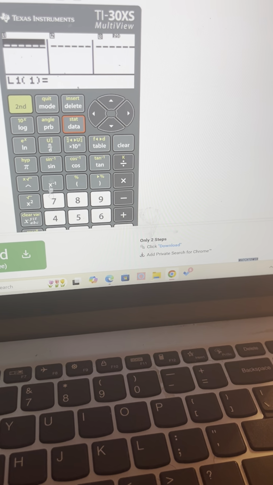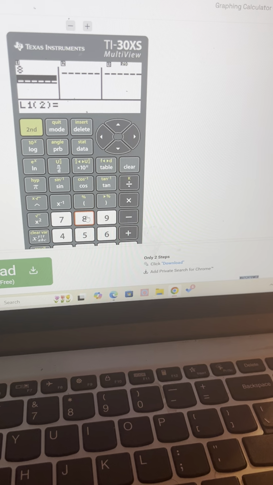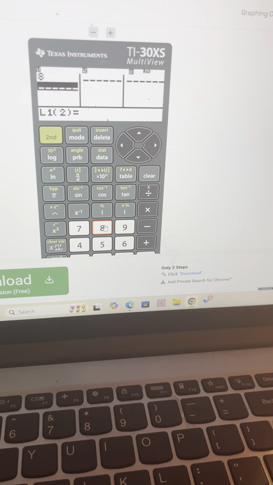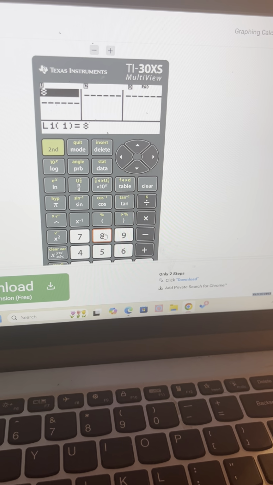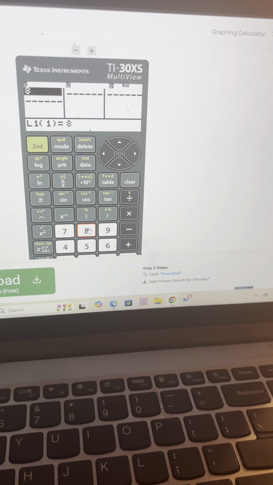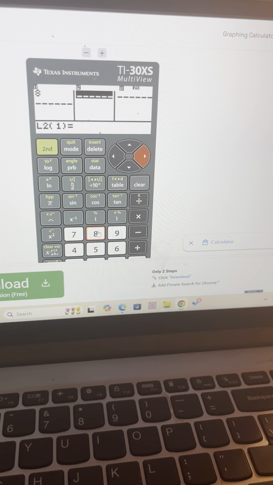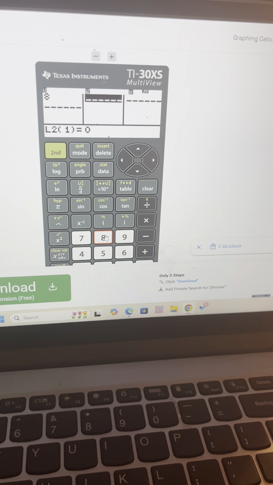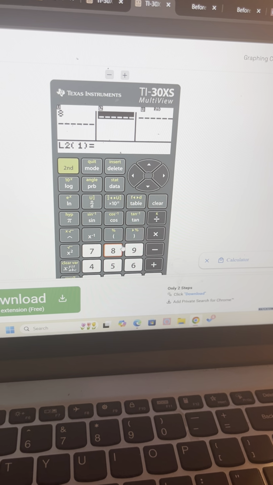Press data. 8. Press enter. This is your X value. Now, you don't need to go down vertically. You need to go one column over, because it's an ordered pair. So 8 right here, 0 right here, press enter.